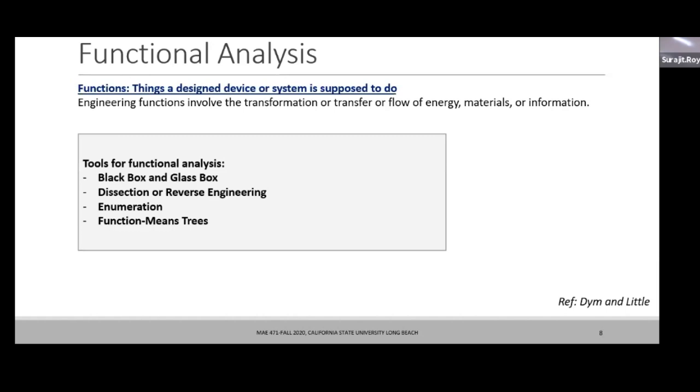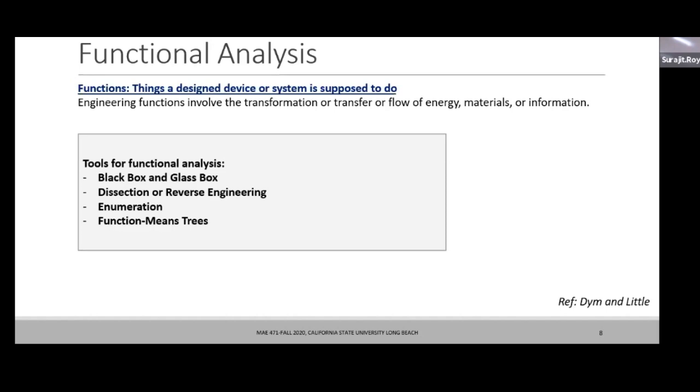So for example, if you have a specific product or design solution in your mind, which you are not very sure of how to implement, or what the inputs and outputs are, and how the transformation is taking place from inputs to outputs, then you can do reverse engineering of an existing product and see what sub functions are being implemented by a specific means.